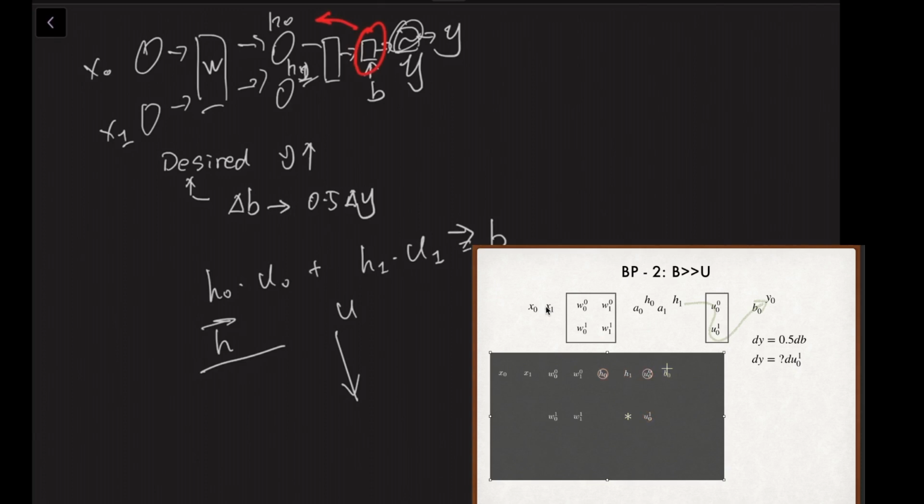Because h is the input of this layer, we will discuss this later. We adopt the reversed direction of computation. We can first consider how the change in u affects the change in b.